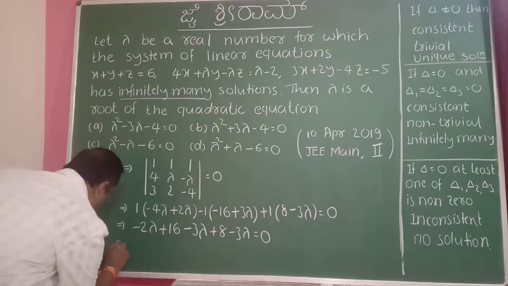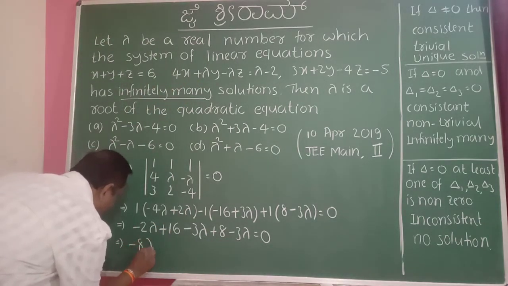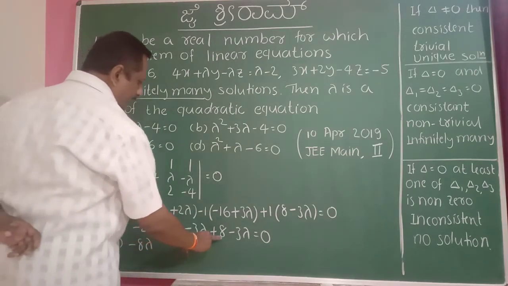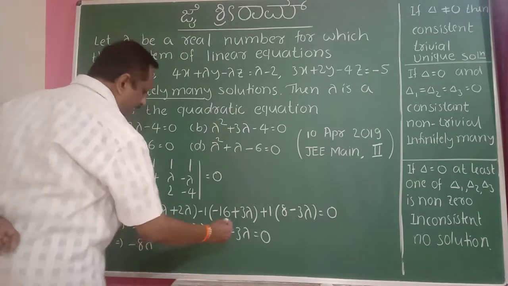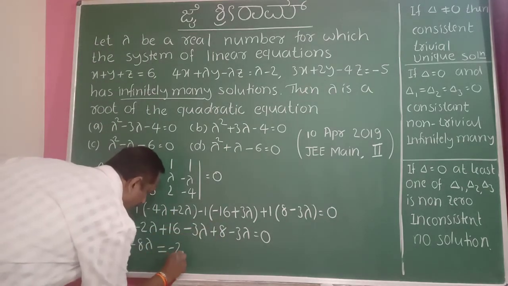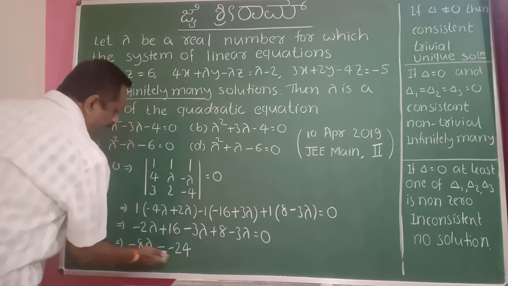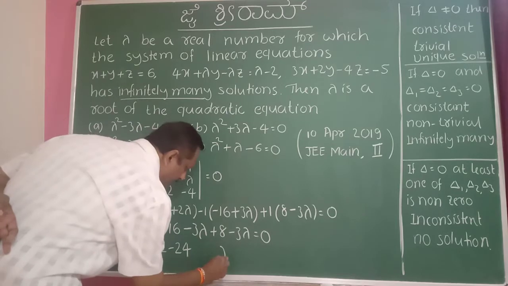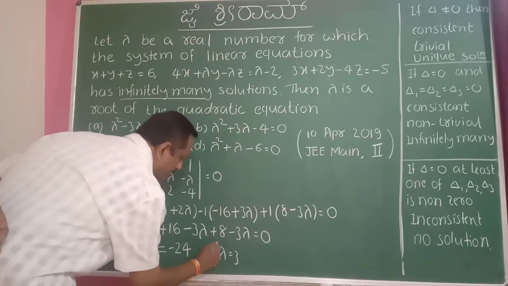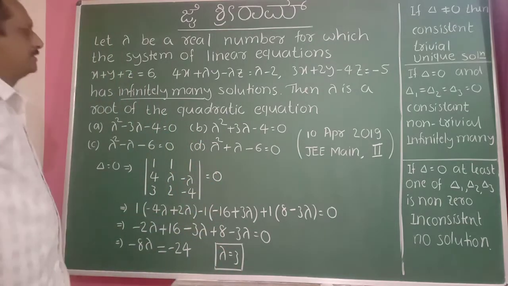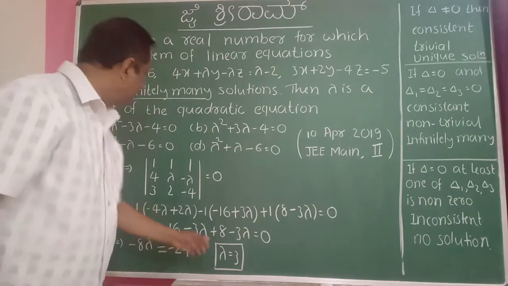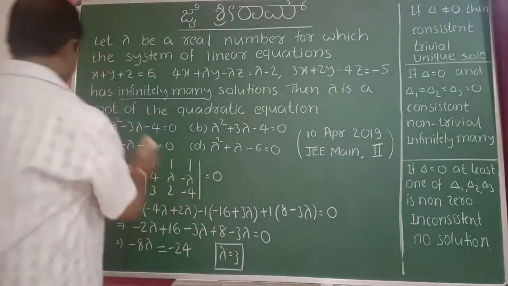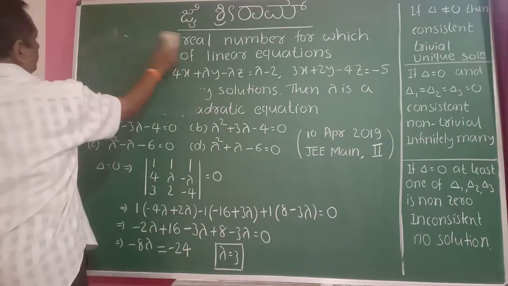Then 16 plus 8 is 24. Take 24 to the right hand side. So minus 24 divided by minus 8 gives plus 3. Therefore lambda is equal to 3. Now you will use lambda value 3 in these equations, and check one by one, taking the options.